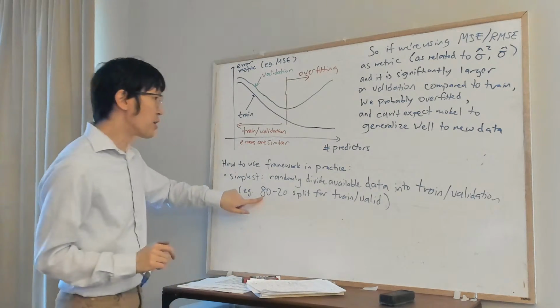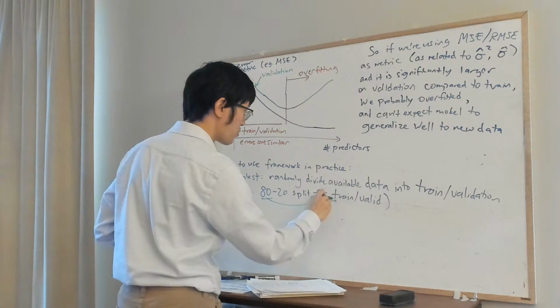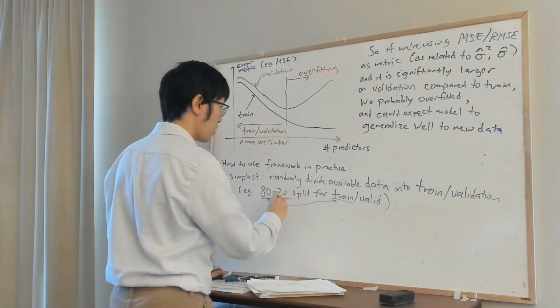In other words, 80% gets used for train, and the other 20% gets used for validation.